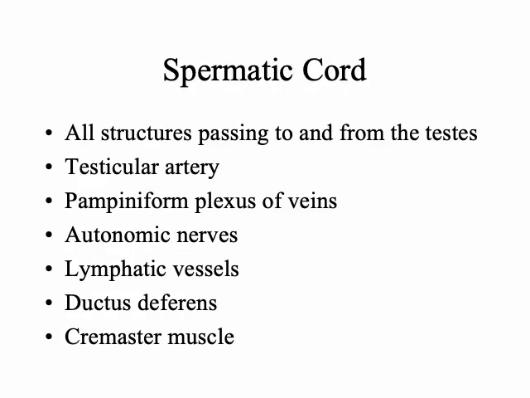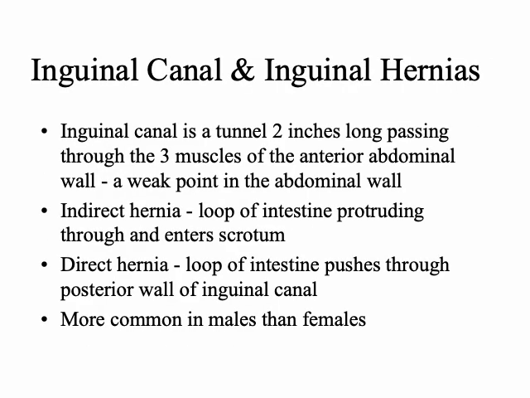All right, so here's a list of all the structures that we would expect to find in the spermatic cord. Artery, the pampiniform plexus of veins, there's definitely nerves, lymphatic vessels, the ductus deferens, and of course that cremaster muscle, which just hugs everything from this point. I will point out that the inguinal canal, as it goes through the pelvic floor, does present an anatomical weakness.